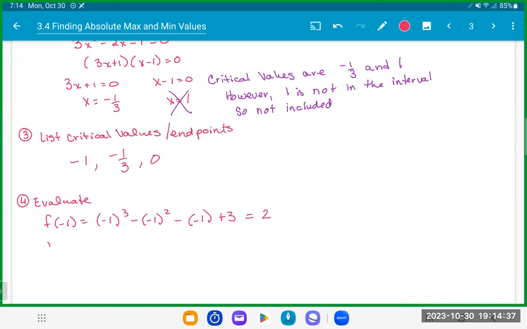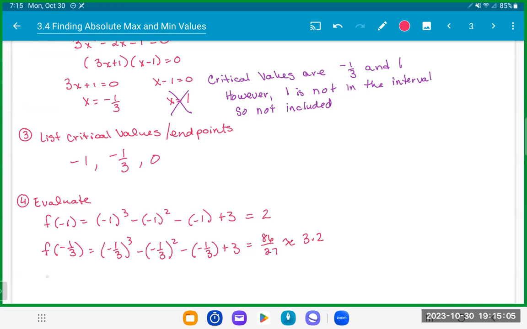Okay. Do the same for our next point, which is negative 1/3. So we have negative 1/3 cubed minus negative 1/3 squared minus negative 1/3 plus 3. And that is 86 over 27, which is approximately 3.2.